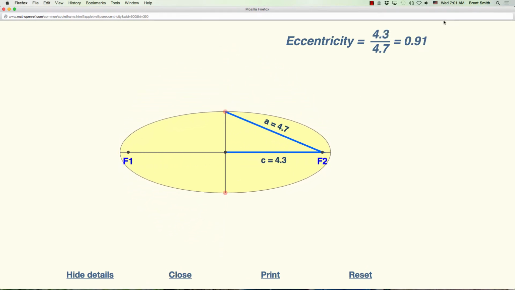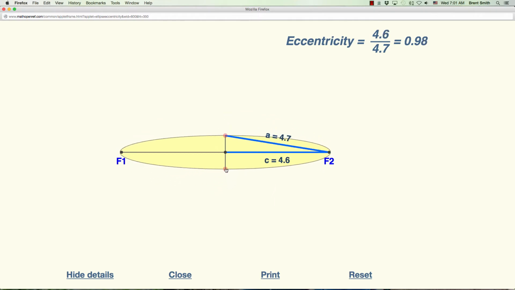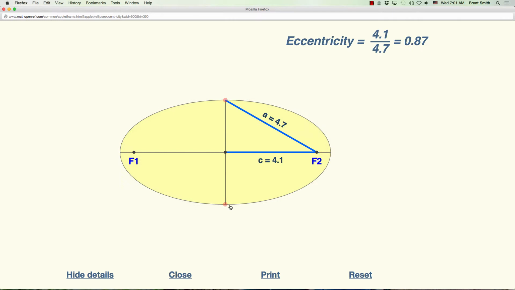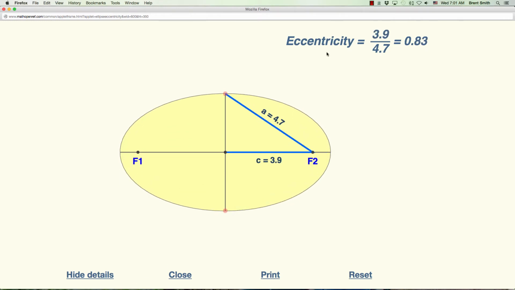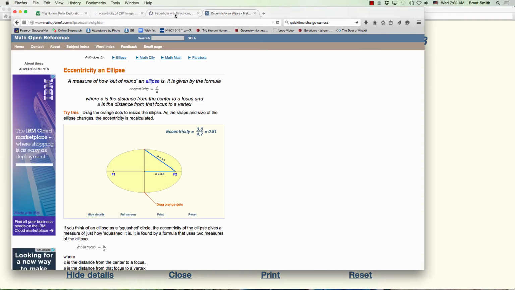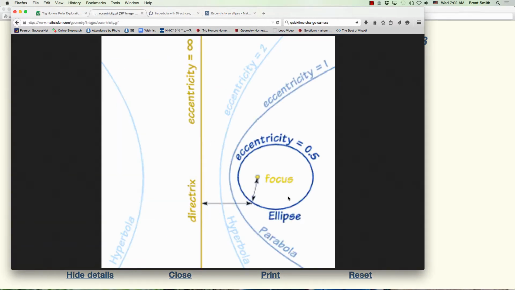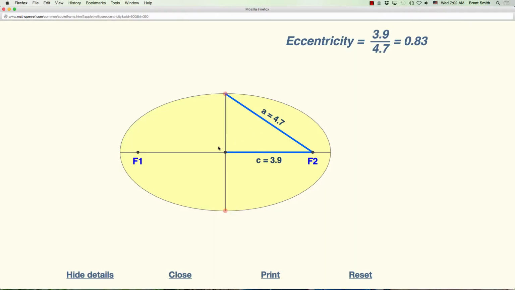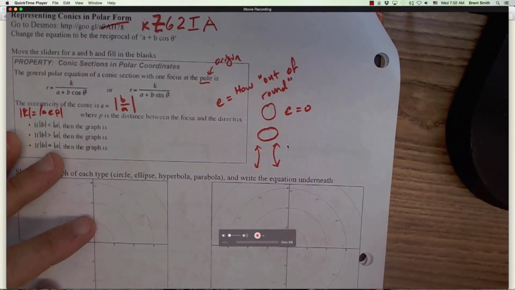It's more and more out of round. But no matter what, it's going to top out at 1. So I can't get it above 1. All right, so again, our rules are like this. So there it is. Eccentricity: parabola is 1, ellipse is less than 1, and hyperbola is greater than 1, up to infinity.